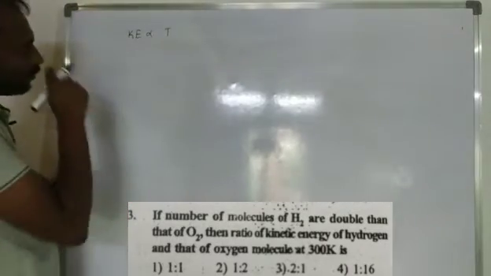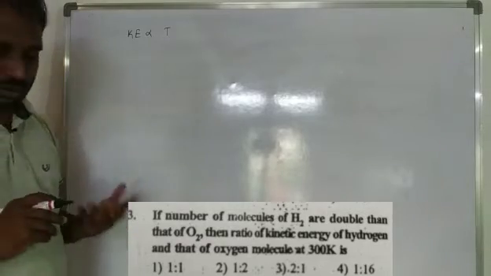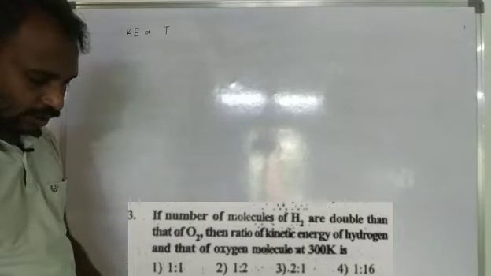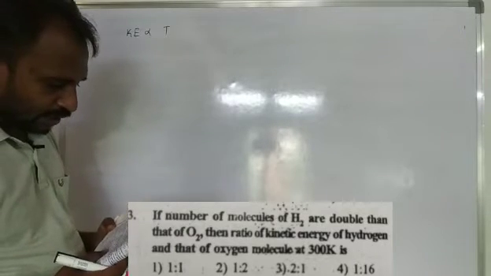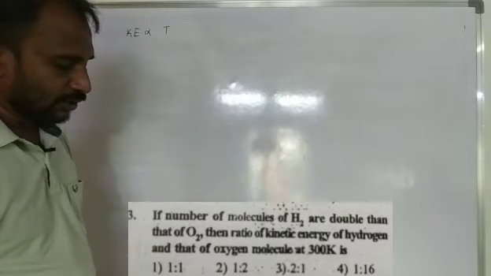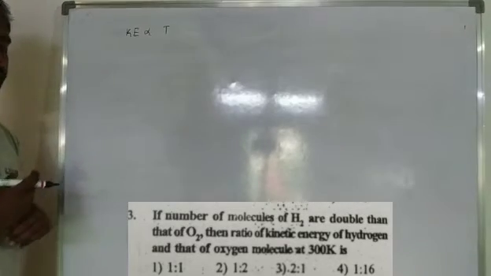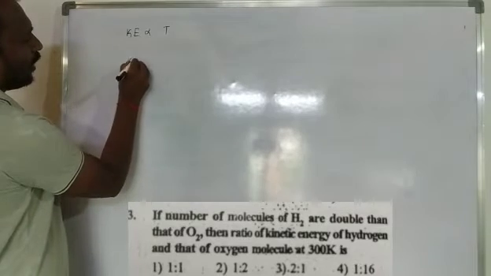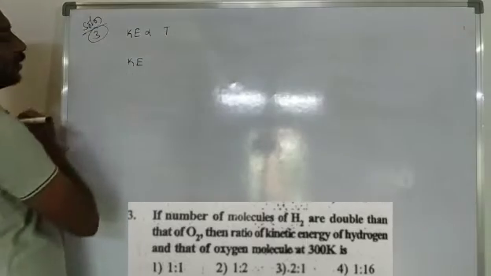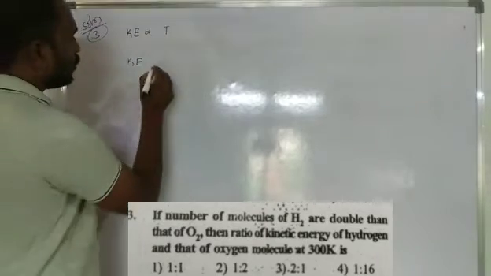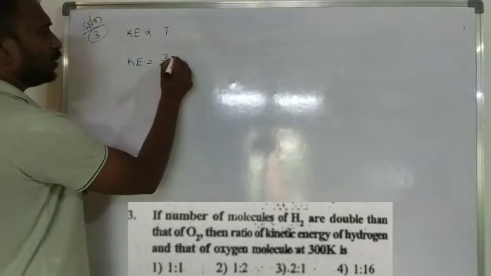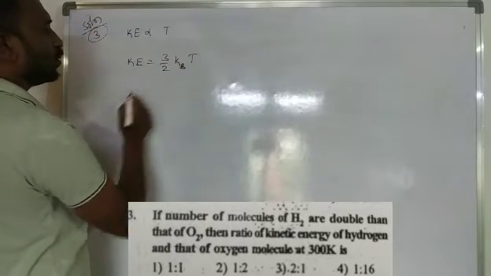So here we consider two gases, hydrogen and oxygen, at a temperature of 300 Kelvin. Solution: kinetic energy is equal to 3/2 kB T, Boltzmann constant into temperature.